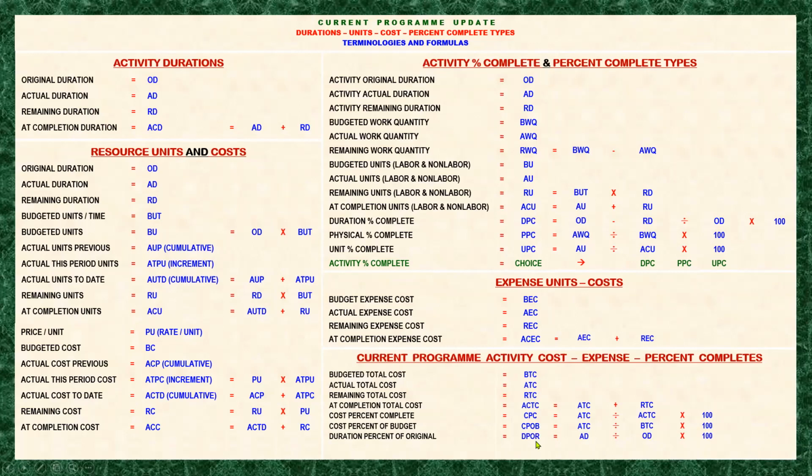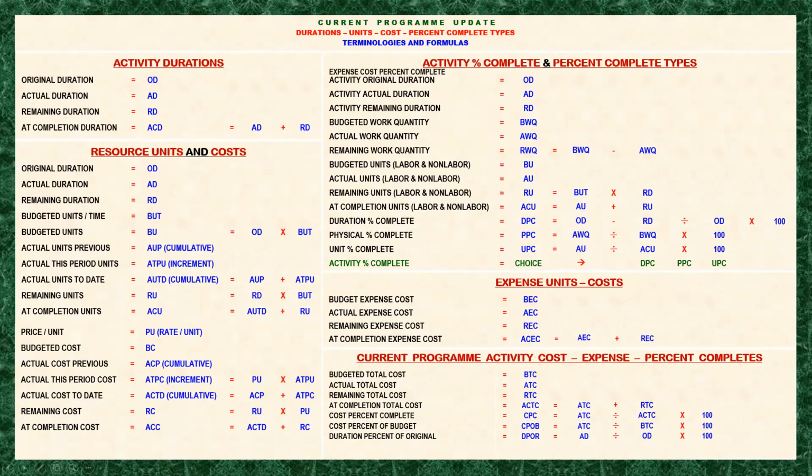Original duration is different from the at completion duration, because at completion duration means the activity or the project is already impacted, and there should be an increase or a decrease of the at completion duration compared to the original duration.